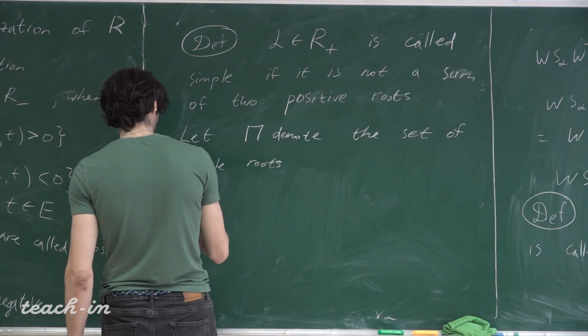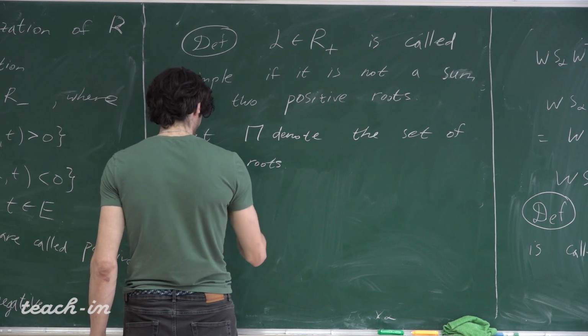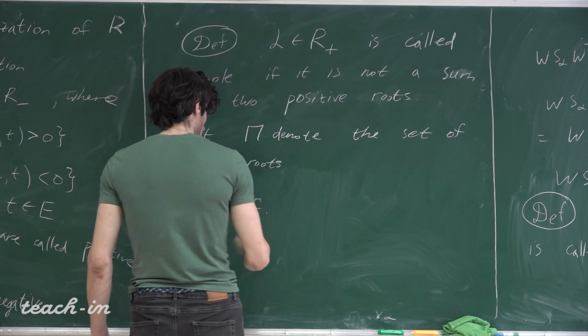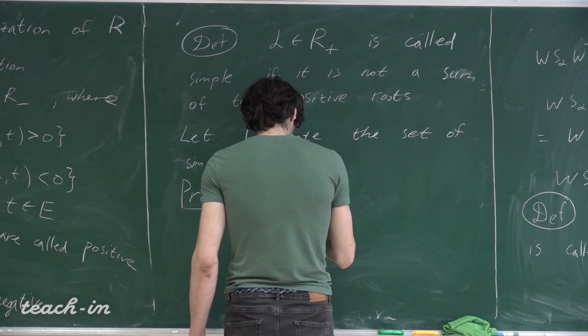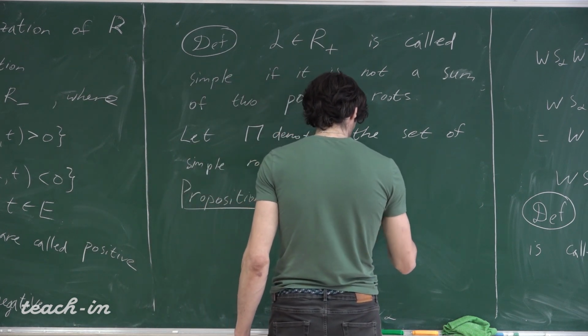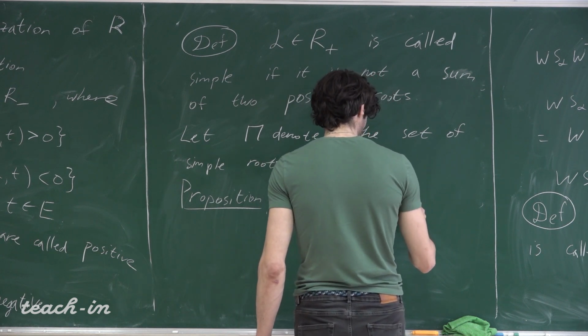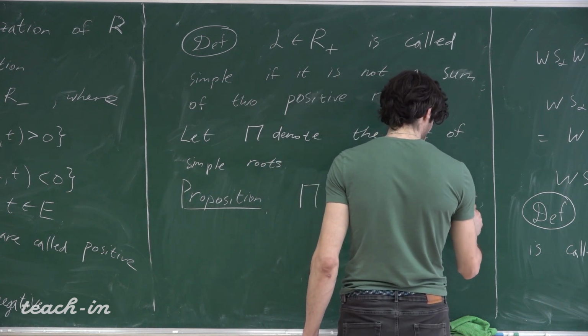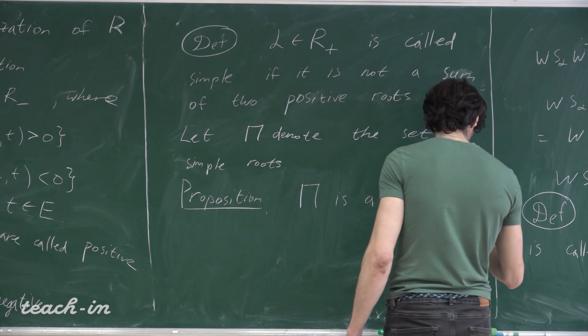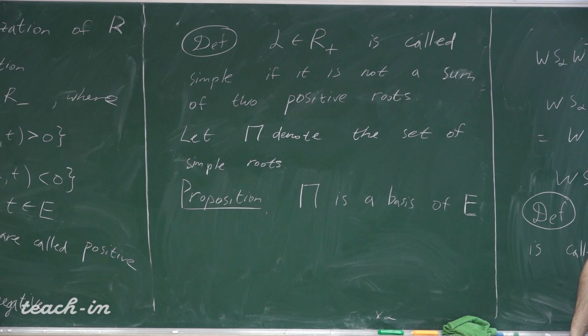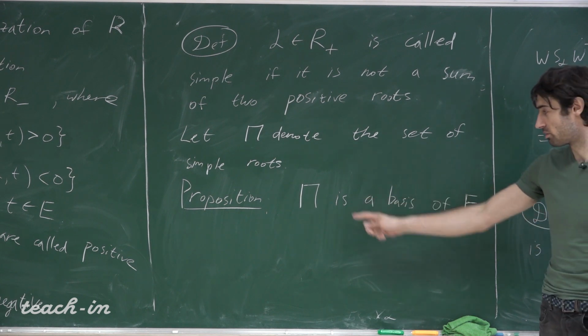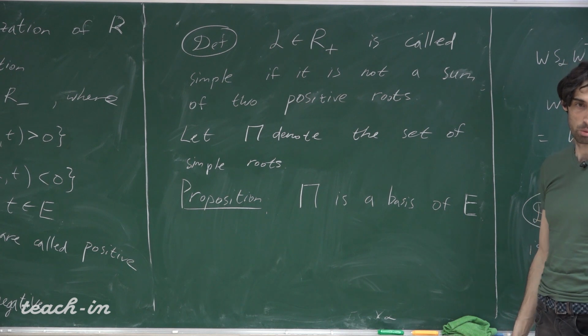So proposition: pi is a basis of E. So R spans E, so now we made our set of roots smaller, and we now would like to prove that it's perfectly smaller, right?